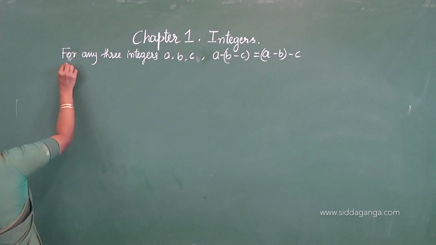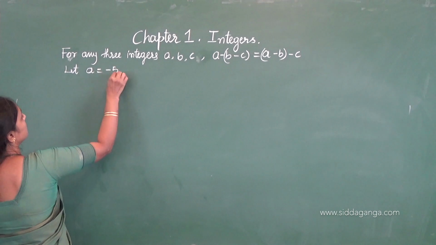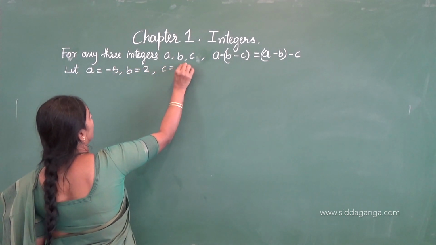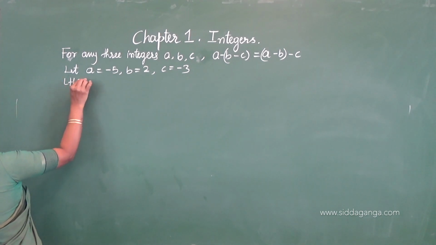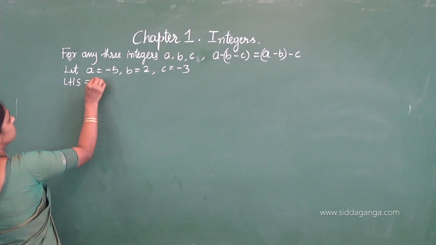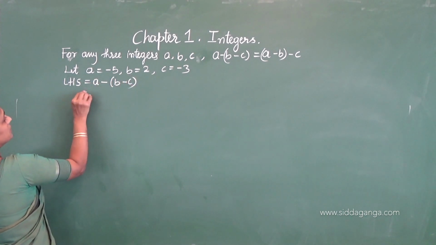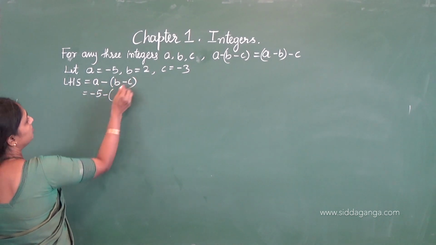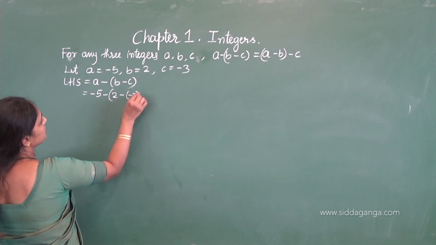Let's consider, let a is equal to -5, b is equal to 2, c is equal to -3. Okay, here what is LHS? It's (a - b) - c, that is equal to (-5 - 2) - (-3).